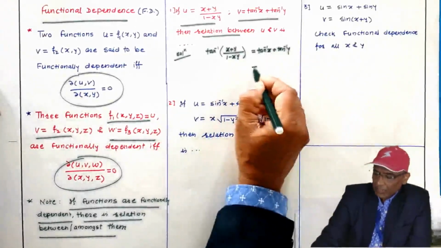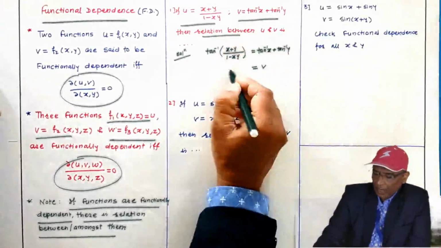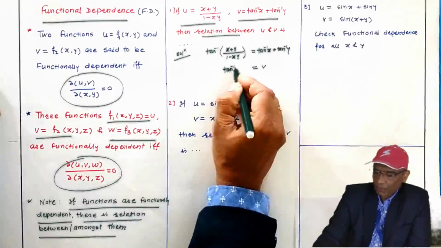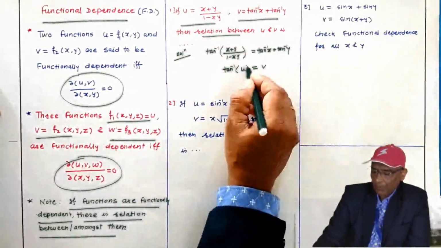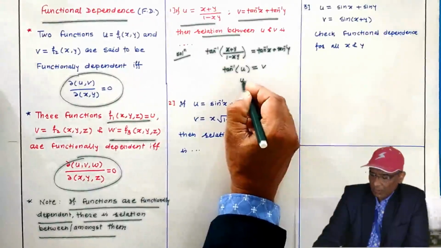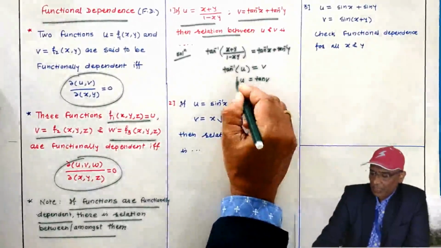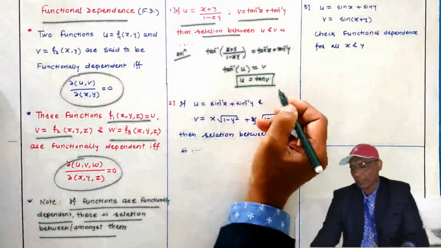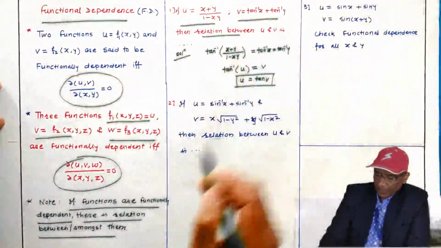Now, tan inverse x plus tan inverse y is v, which is given. And here, in this problem, x plus y by 1 minus xy is u. Therefore tan inverse u is equal to v is the relation, or u is equal to tan v, shifting tan inverse to the right hand side. So this is the correct answer. u equal to tan v is the relation between u and v.